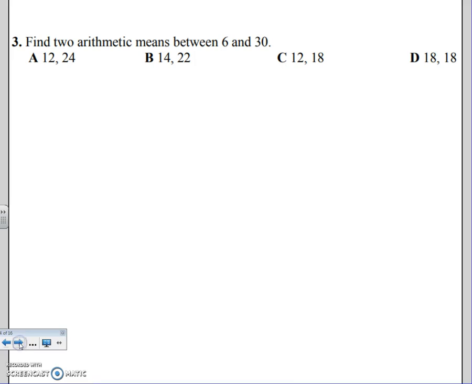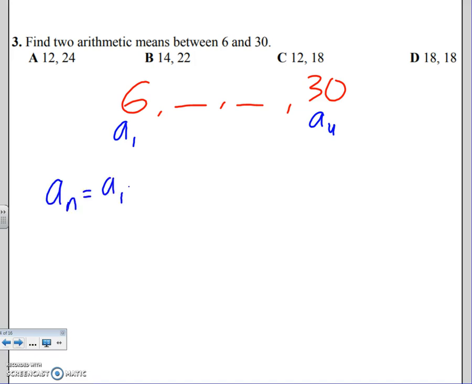Number 3. Find two arithmetic means between 6 and 30. That means find two numbers in the middle of 6 and 30. For this, we know this is a sub 1, this is a sub 4. We're going to fill in the formula: a sub n equals a sub 1 plus n minus 1 times d.